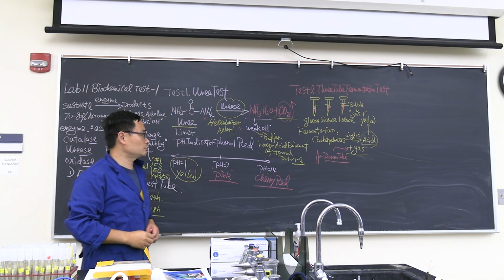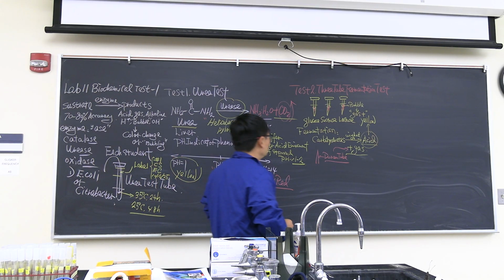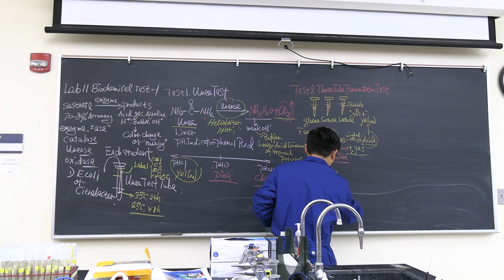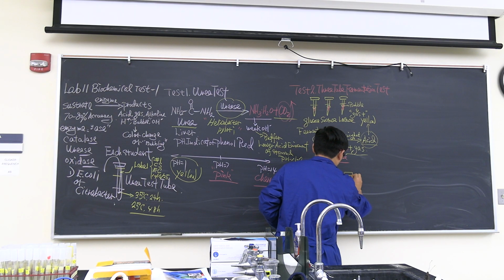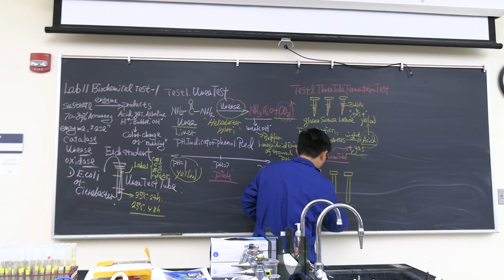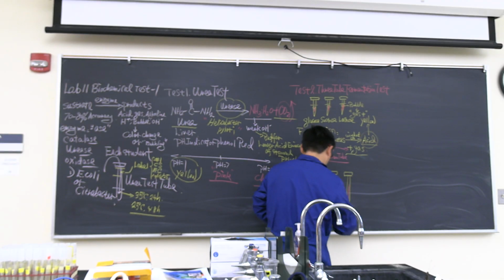Okay, so today's work is also very simple. Everybody gets 3 tubes. Be careful with the tube caps, the number 1 accident in the lab. Every tube is like this.